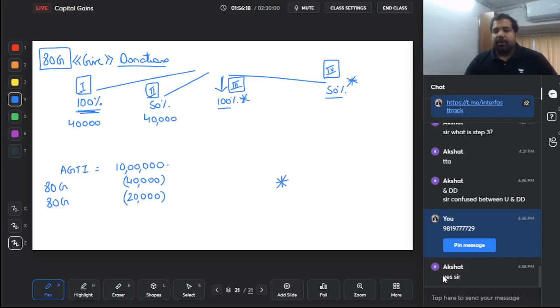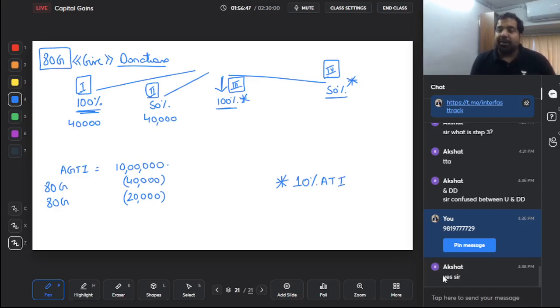Imagine you and your sibling, guys, 2 children at home, and there is a cake which has come home. Who gets to eat it first? First, the third category gets to eat it. And if there is any balance, who gets to eat that? The balance, the fourth category gets to eat. So I'm just trying to figure out what is the cake size. The cake size is 10% of your adjusted total income.